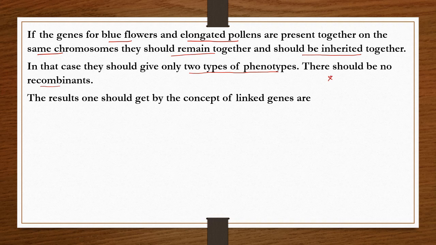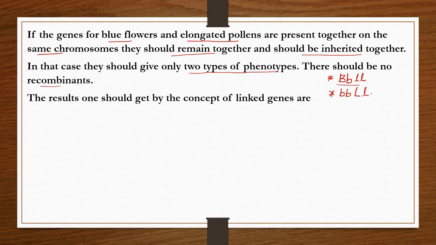That is blue flowers with round pollen grain, and another one is red flower with elongated pollen grain.